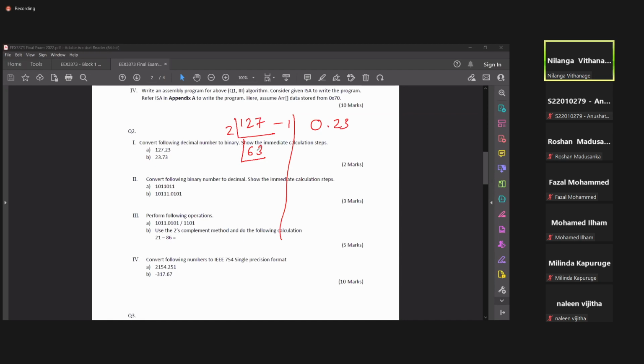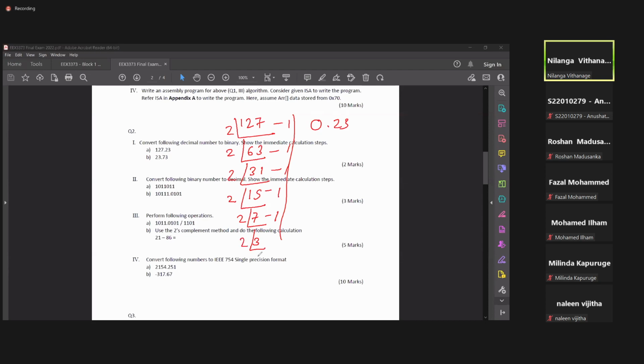So you divide by 2, and again you divide by 2. Then it is 31. Here also there is a remainder. Again divide by 2, 15, remainder, and again divide by 2, and remainder, again divide by 2, and remainder.